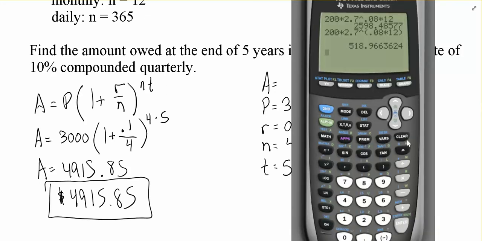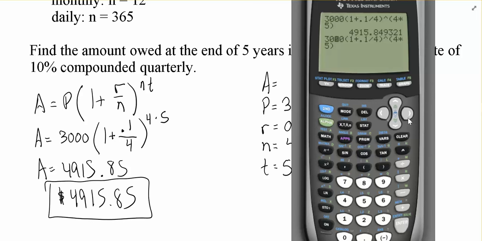So in our graphing calculators or something that doesn't have the math print mode, let's talk about parentheses. In the 1 plus 0.1 over 4, no extra parentheses are necessary, just the parentheses that we had written on paper. Where parentheses become necessary is in the exponent. We need to put the 4 times 5 in parentheses to say all of that is in the top together. That gets us the correct answer.